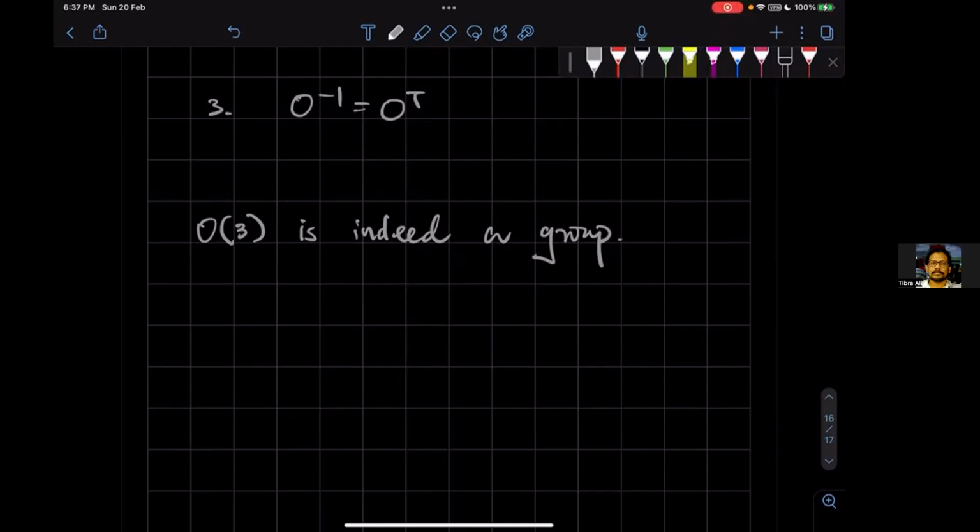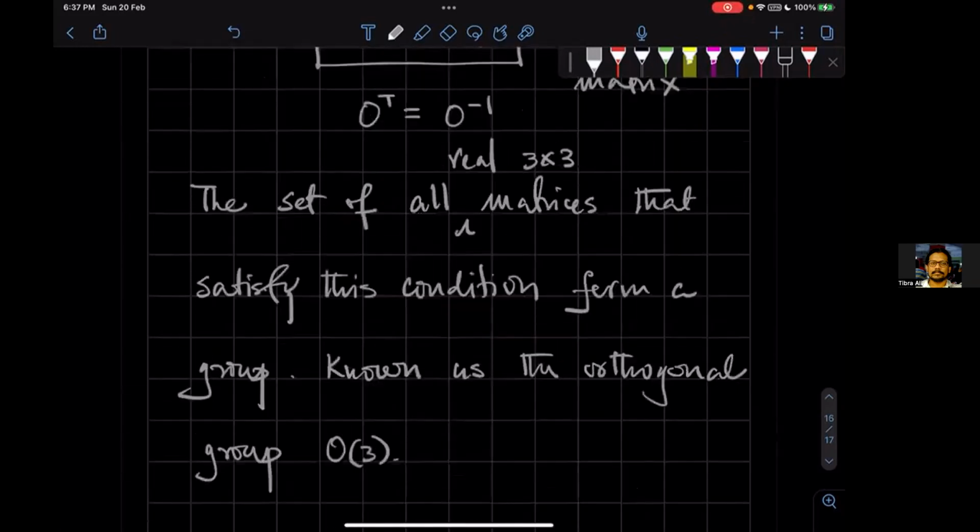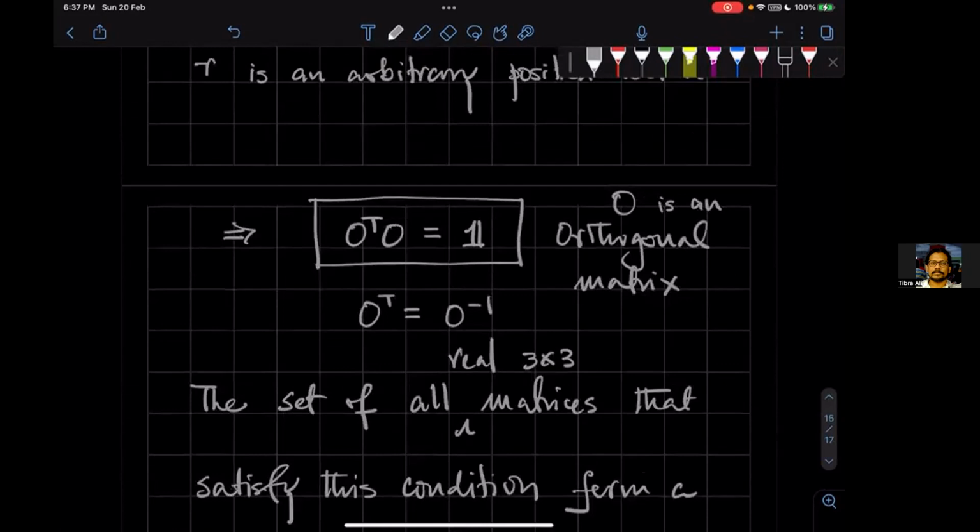Are you saying that O transpose O is 1? And how does that imply this? We know that O is in O3, then how does it imply that O transpose is in O3?